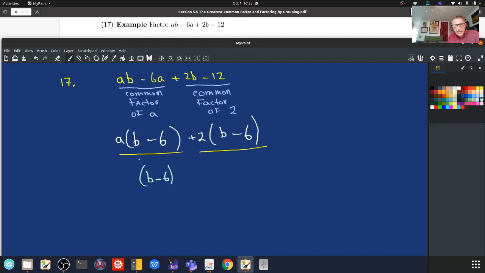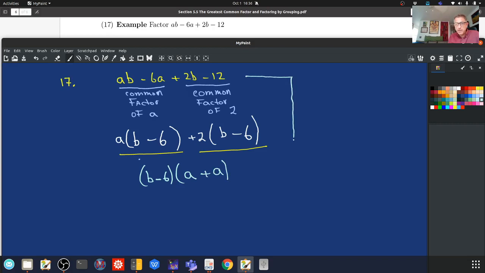So a times b minus 6 divided by b minus 6 leaves me an a. 2 times b minus 6 divided by b minus 6 leaves me a 2. And look what we just did. This is really important in mathematics.